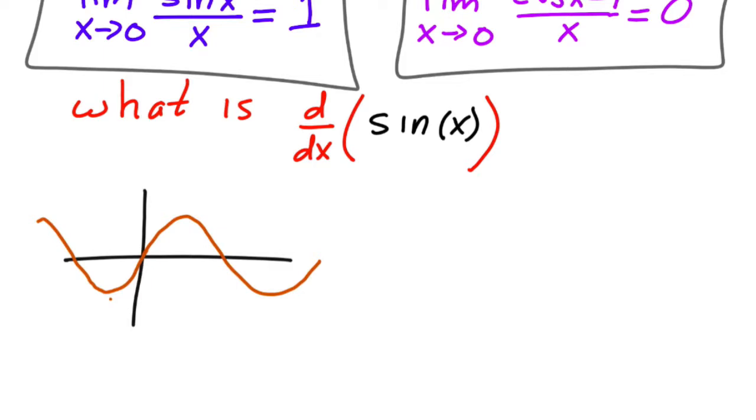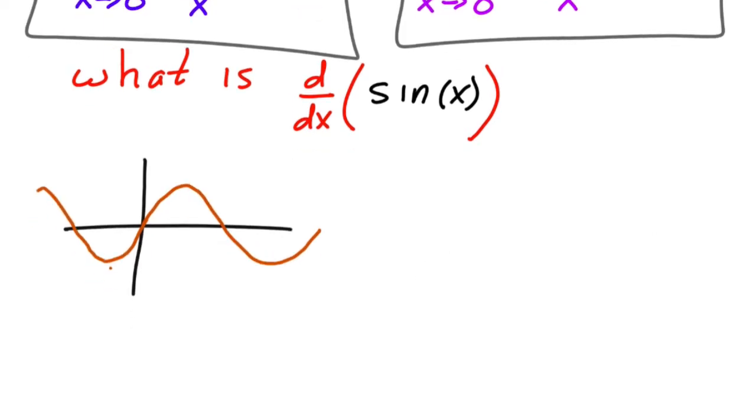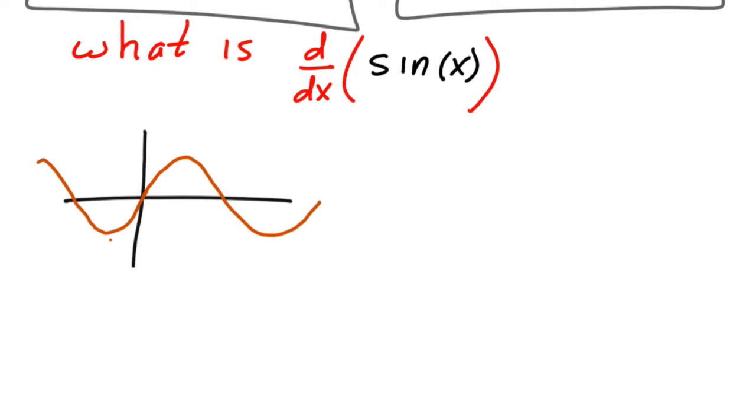Now, I'll do it below so that it makes it a little easier. If I draw the same axis, and we use our basic rules. Remember that at the peaks and valleys, that's where my derivative is going to cross 0.